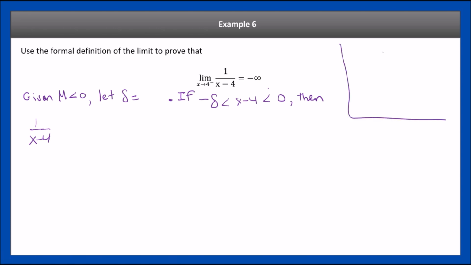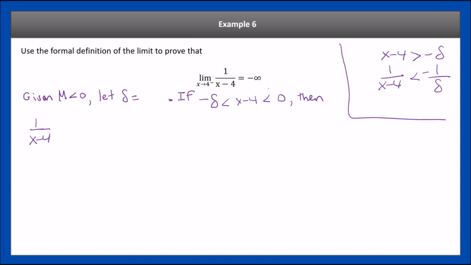If we know that x minus 4 is greater than negative delta, according to this, then if we take the reciprocal of that, we would get that this has to be less than 1 over negative delta, sorry, negative 1 over delta. Okay, so remember, if you take the reciprocal, you flip the inequality. So this would make sense, all right?